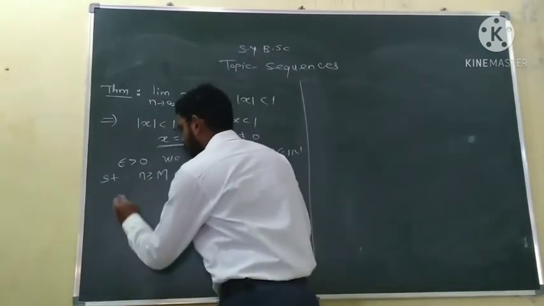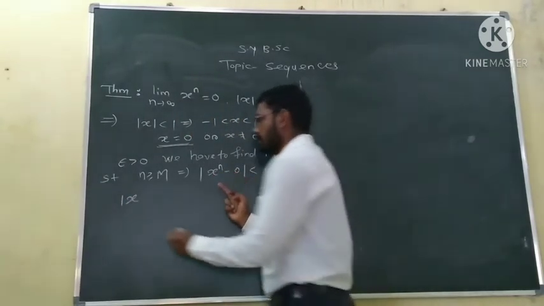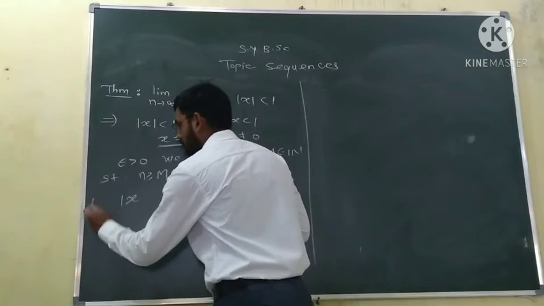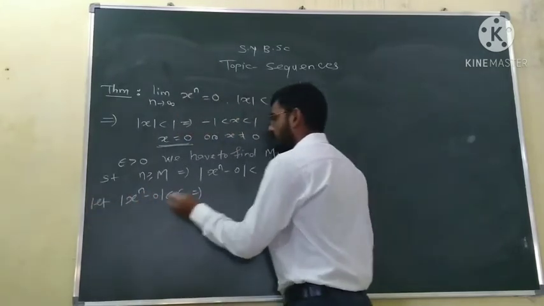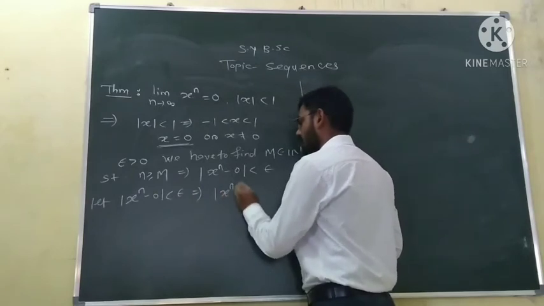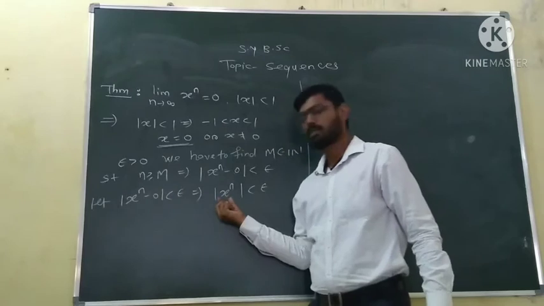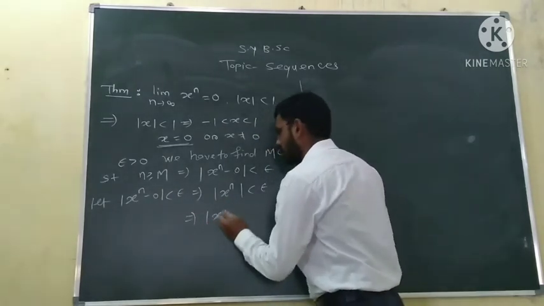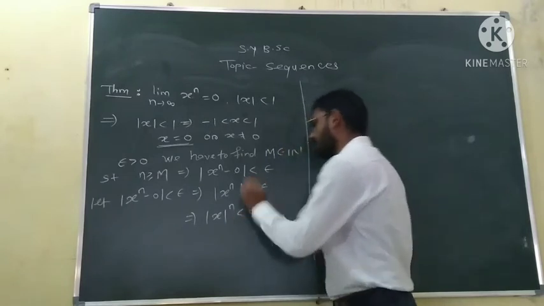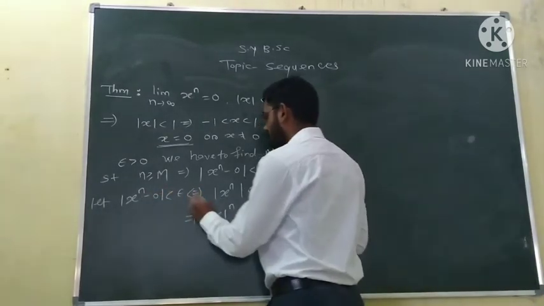Now x to the n minus 0 is x to the power n, so this implies mod of x to the power n is less than epsilon. This is true if and only if this is true.